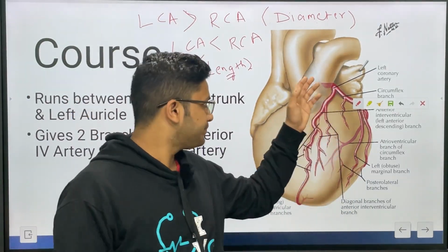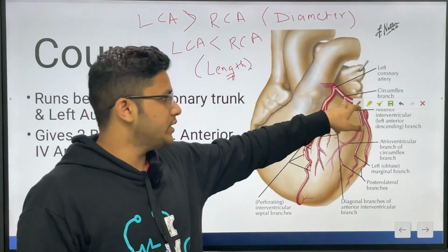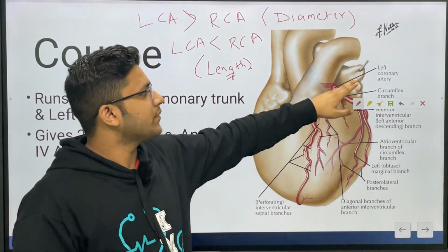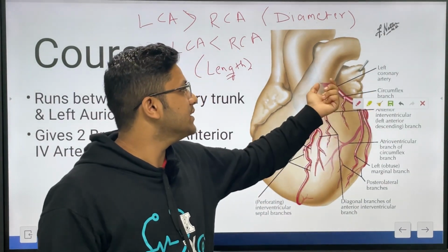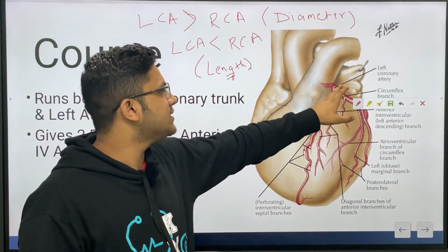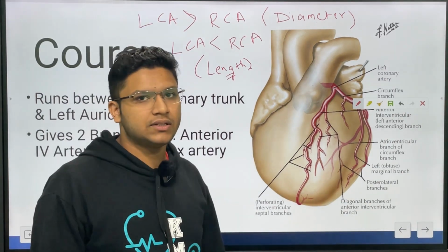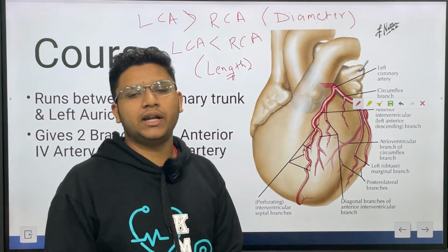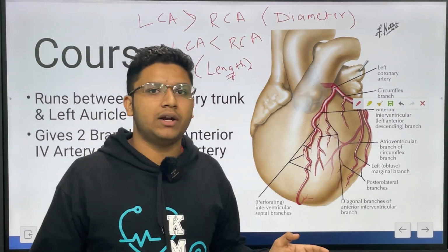The left coronary artery is a very short artery and it divides into terminal branches, but the right coronary artery is a long artery which continues as the posterior interventricular artery.